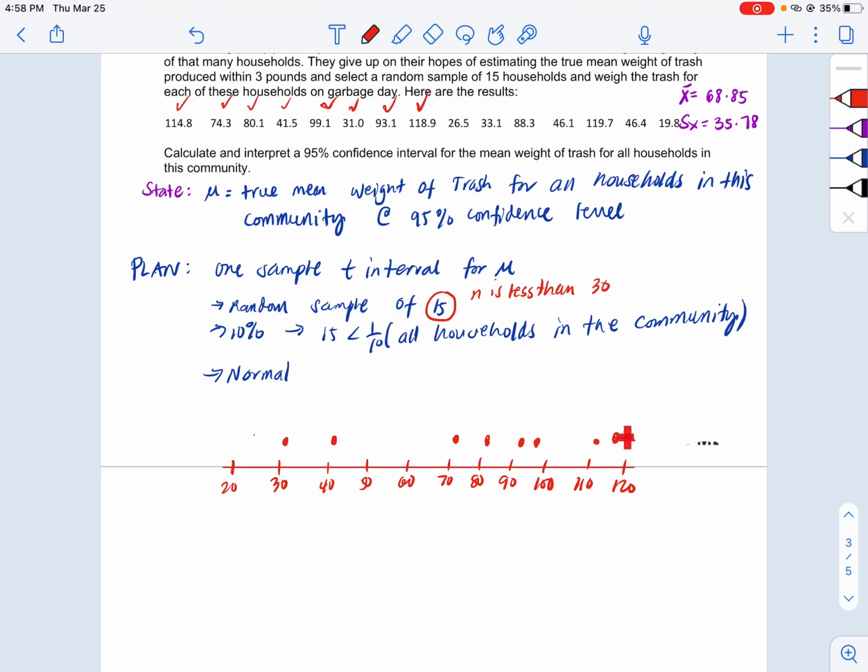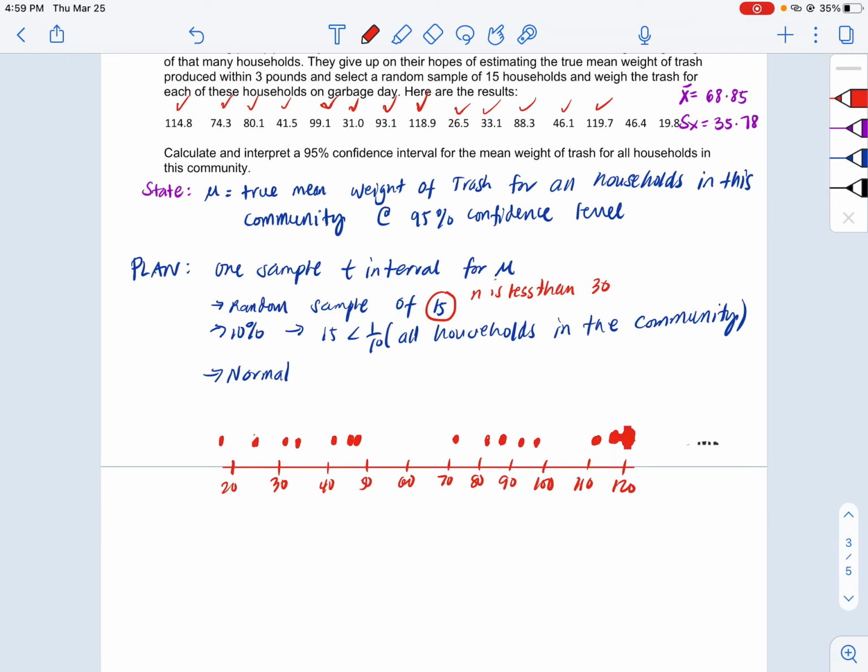Our goal here is just to check if there are outliers or if the graph is going to be skewed. 26.5, 33, 88, all approximations. 46, 119, so over here. Then another 46, 41, and then 19.8.